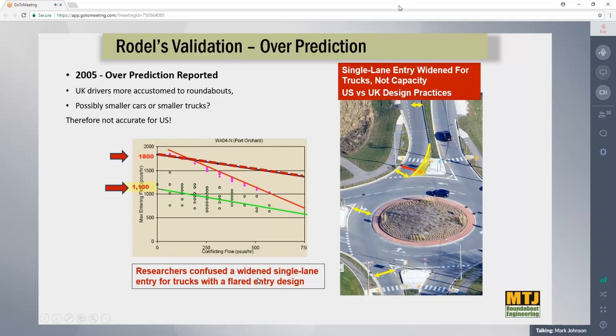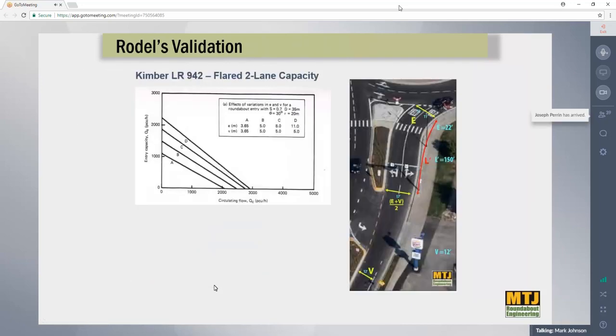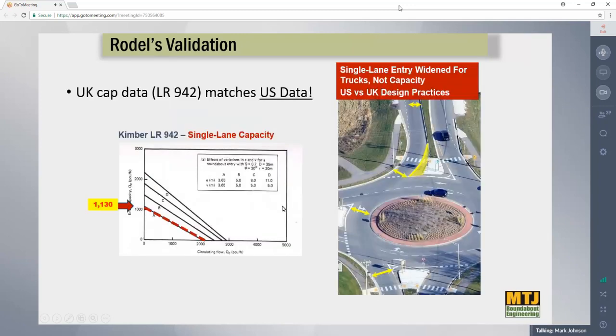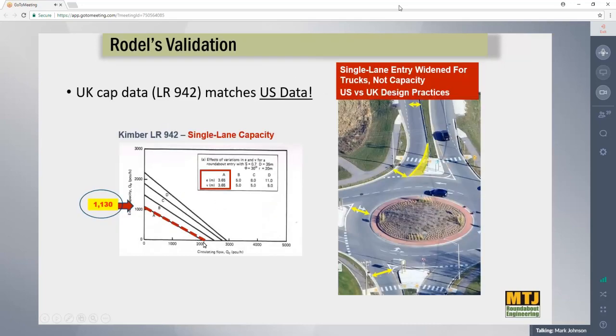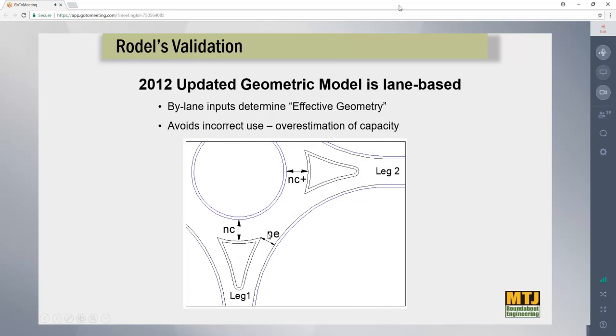So they confused a widened single lane entry for trucks with an actual flared entry design, which was what Rodel was modeling. And so when you actually look at the capacity prediction, it's 1,800 for a flared entry design, and the UK data is dead on essentially with our US data, very close to our US data at about 1,100 y-intercept, which is what they were finding in the UK, which was what Rodel was originally predicated on.